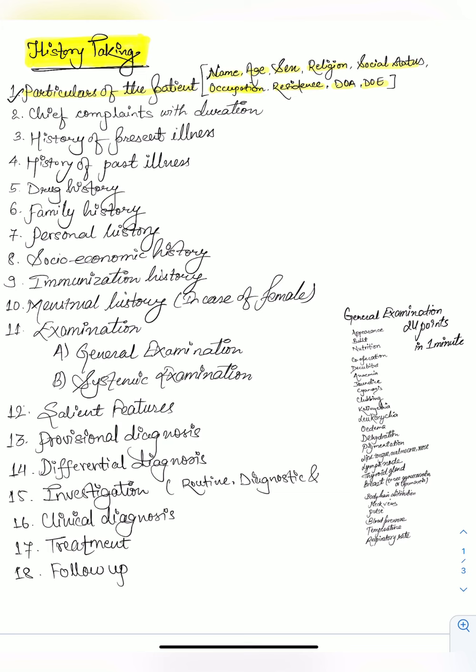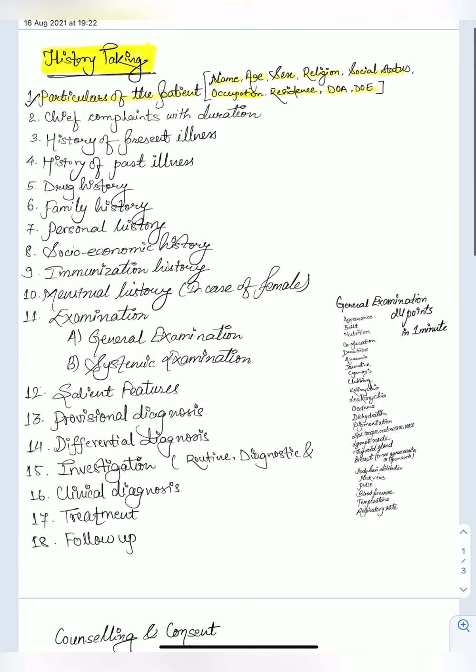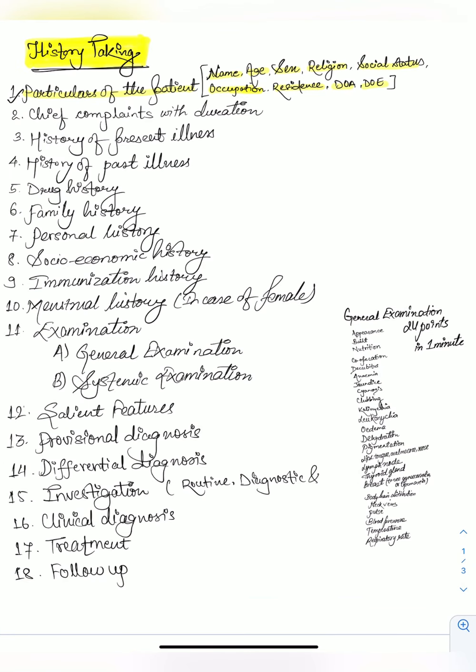For example, in social status, in high class people appendicitis is very common, and in low class people tuberculosis is common.